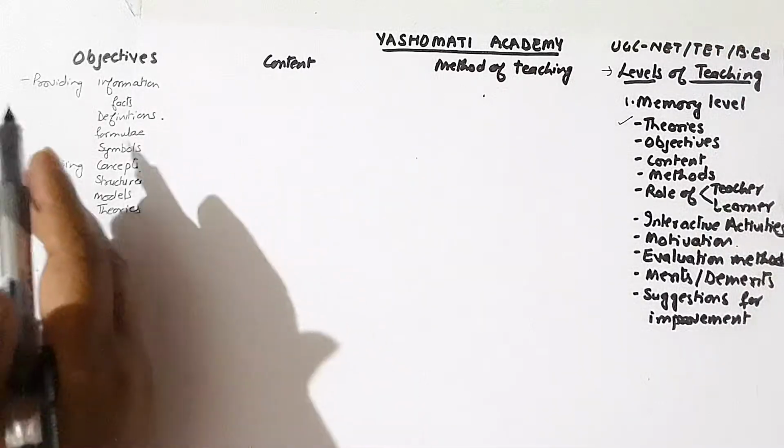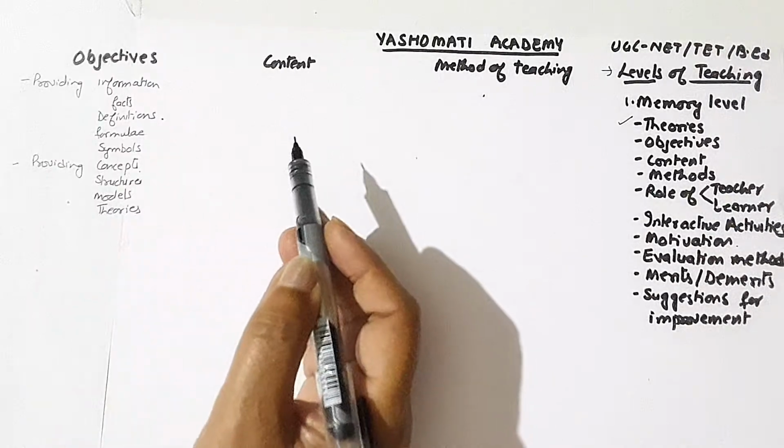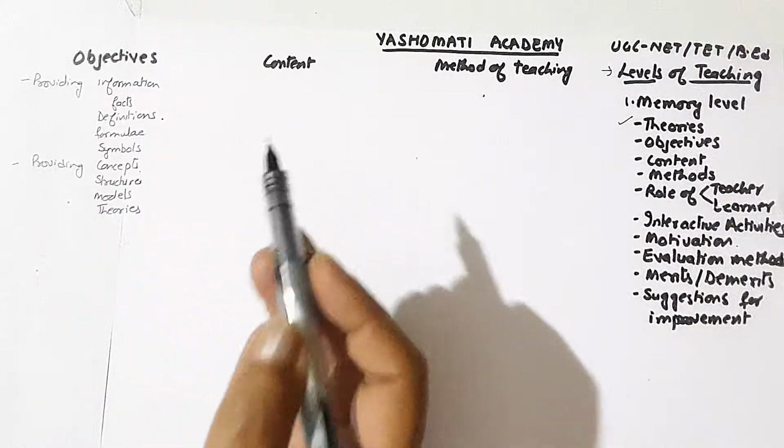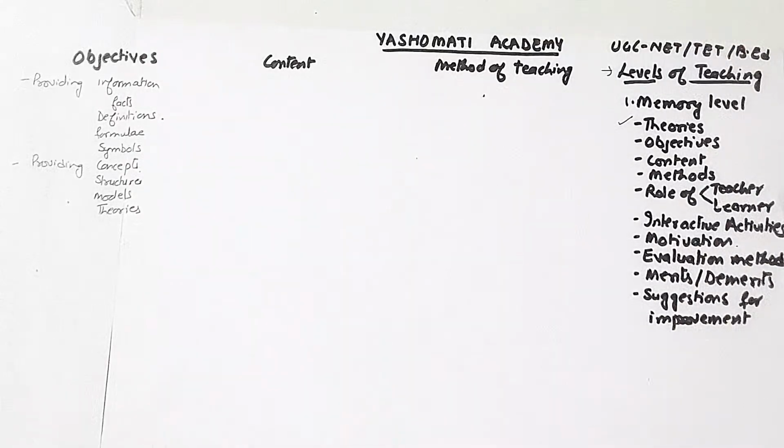Now if this is the objective, then what should be the content, or how the content should be organized so that we can take maximum benefit of memory level of teaching.